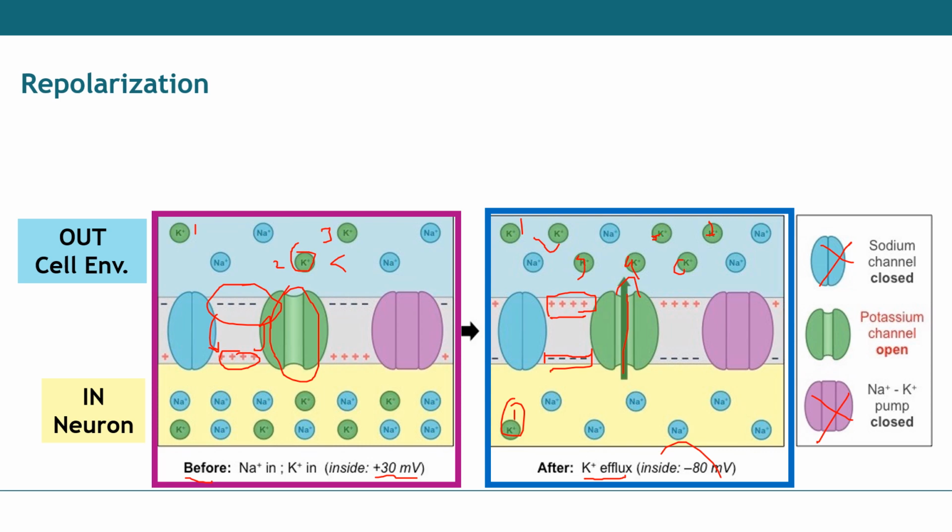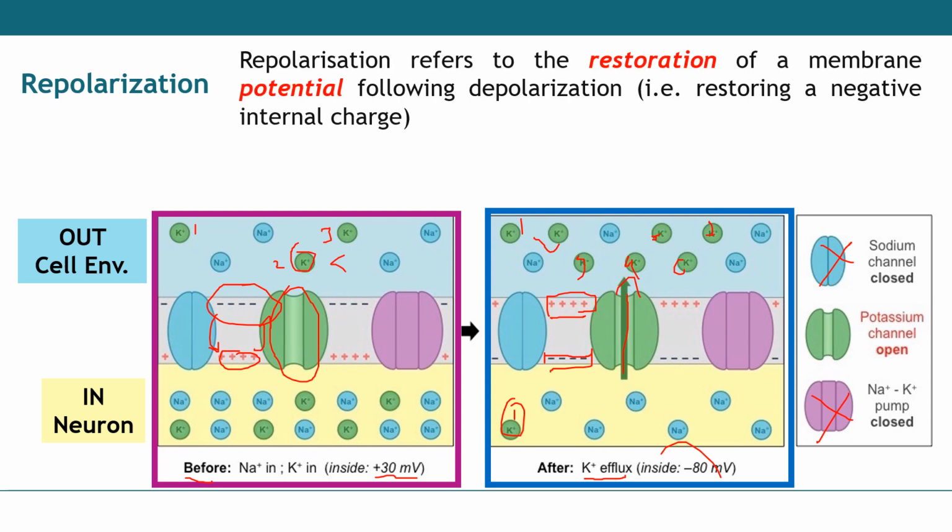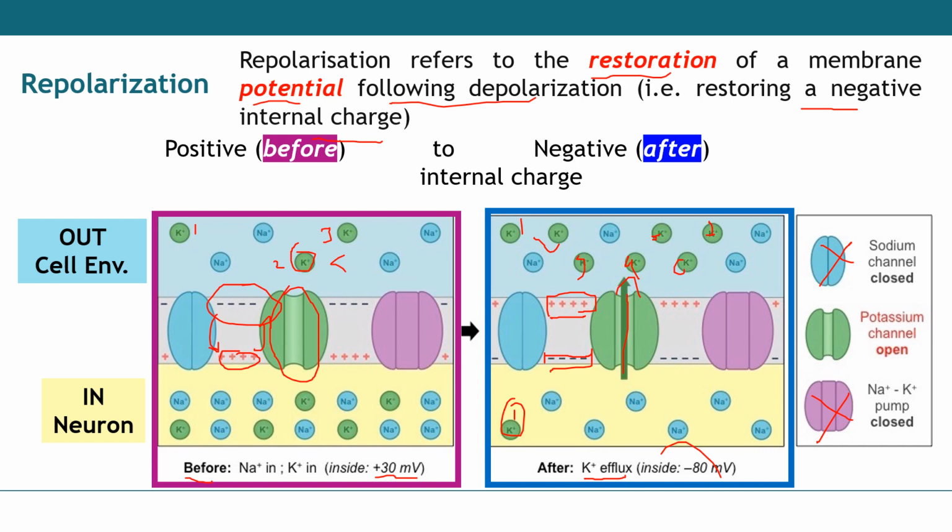So let's summarize all the things that I told you. The process of repolarization refers to the restoration of a membrane potential following the depolarization. We are restoring a negative internal charge. We went from being positive in the beginning of repolarization to being negative in charge after the repolarization, and of course we're talking about the internal charge, the one in the yellow area.